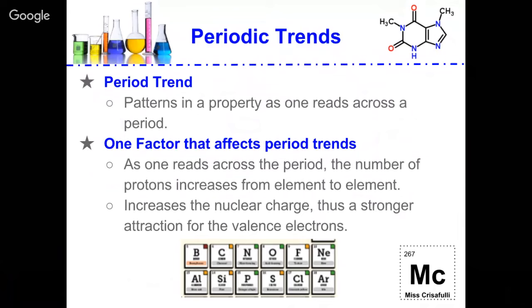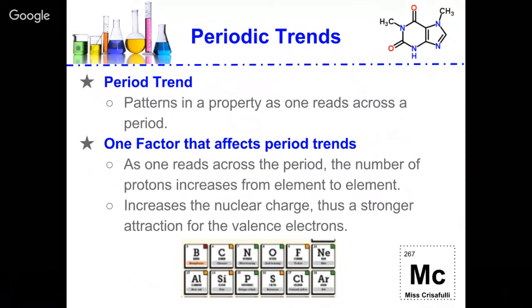Remember, as one reads across the period, across the row on the periodic table, the number of protons increases from element to element. That means the positive charge of the nucleus is going to be stronger as you go across from left to right, because you're adding one more proton. So you have more positive charge, and that's going to have a stronger attraction on the electrons in the furthest shell away.